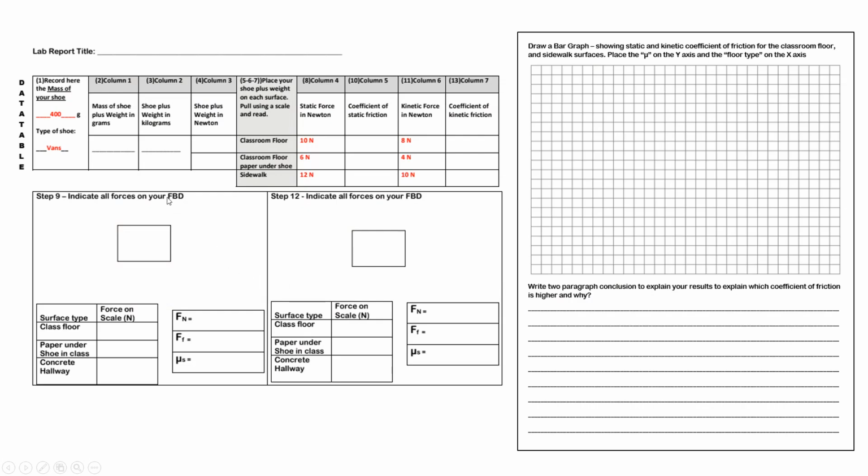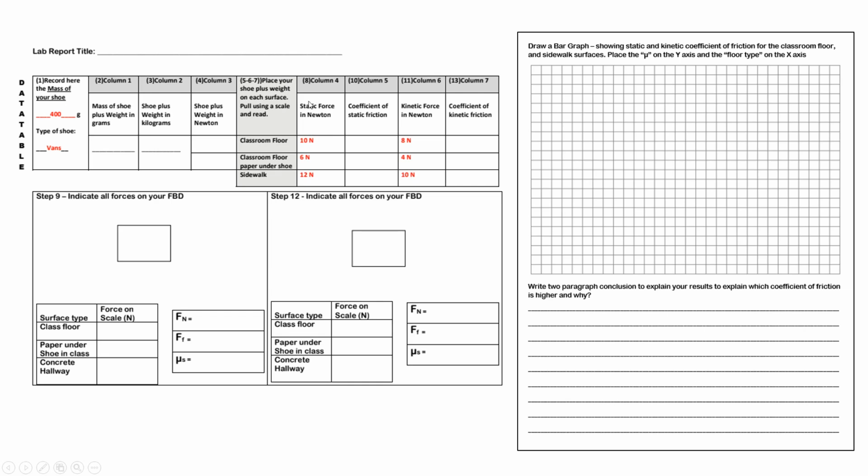In this lab, I already provided a shoe with a mass of 400 grams. And I have also provided the forces when you pull the shoe on those 3 different types of surface: classroom floor, with the paper under the shoe, and the sidewalk concrete.